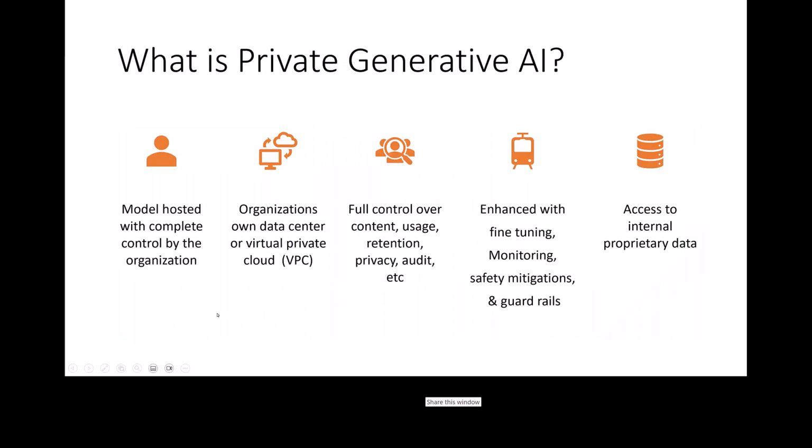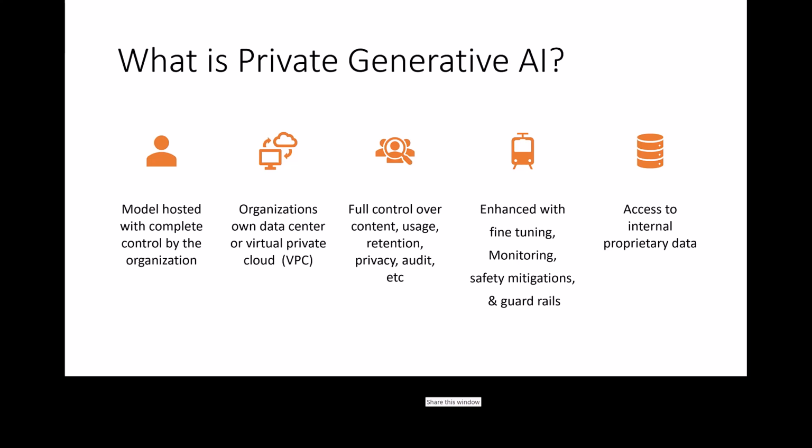Okay, so I wanted to set a base. Those were the public and the open source options we talked about. With the public, there is another side of it. You could build a private Gen AI, a private LLM, right? So what is that? It's a model hosted with complete control by the org, either in your own data center or in a VPC. So you control all of it. You have full control over content, usage, privacy, all these sorts of things.